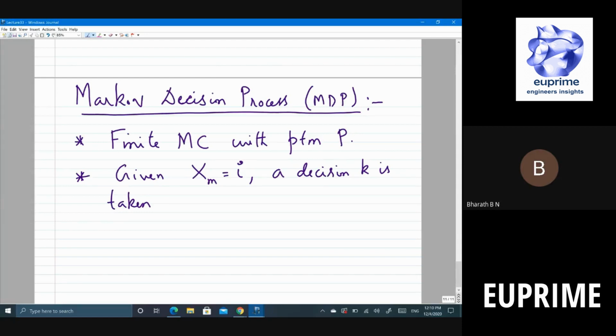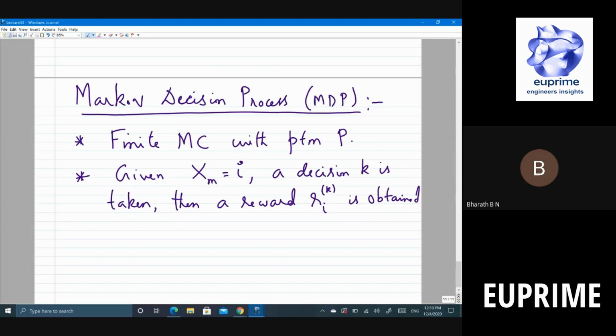Of course, that means I should have a set of decisions. For example, transmit or not transmit. That could be a decision. Decision k is taken, then a reward r_ik is obtained. Is that fine?